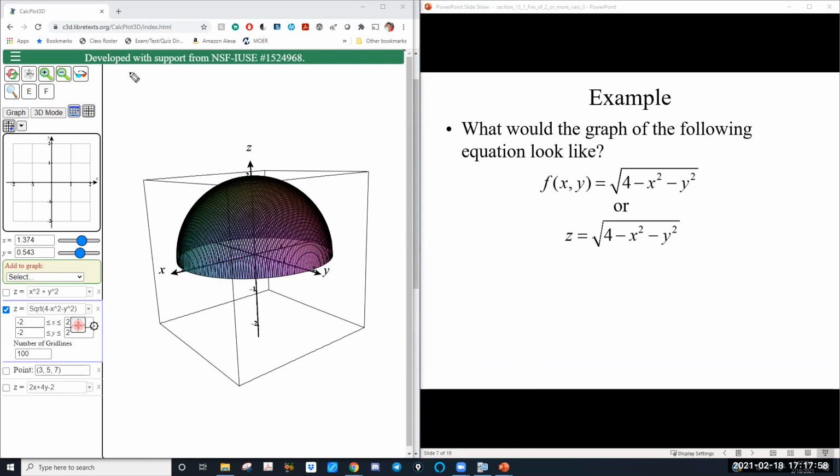For instance, if I set y equal to 0, this equation just becomes z equals square root of 4 minus x squared. That's something we can plot in the xz plane, which is that half circle of radius 2.